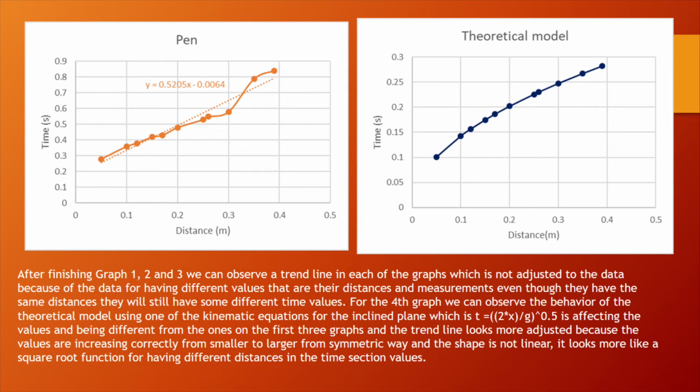And here is another graph that is the theoretical model that I used to compare the graphs with this one, to see if they share some time values, and to see if they have some intersection points and all of that. So how do we analyze all of these four graphs?